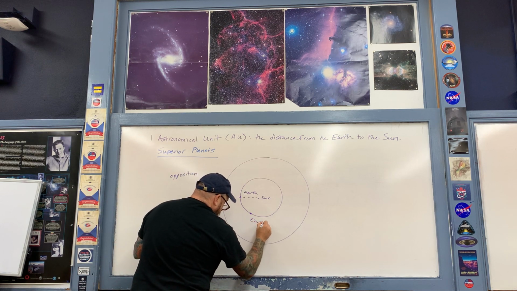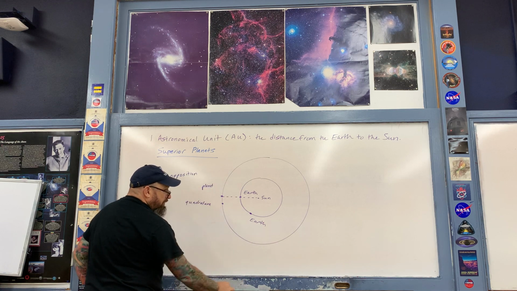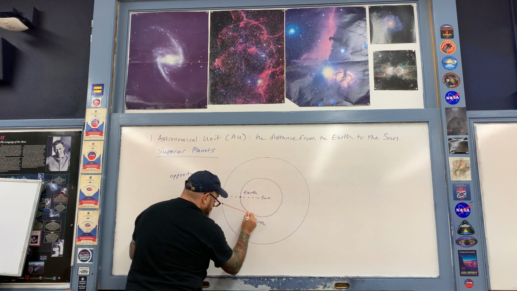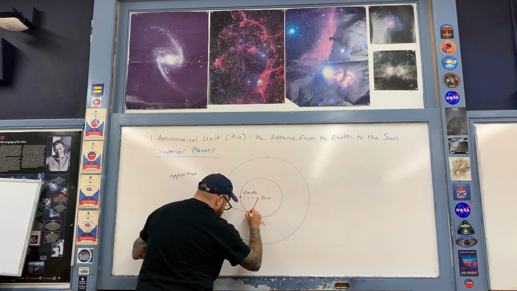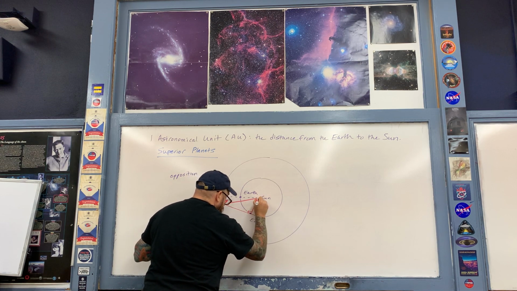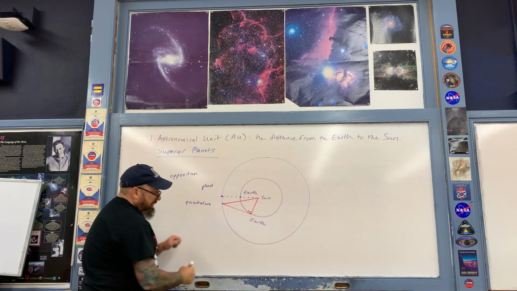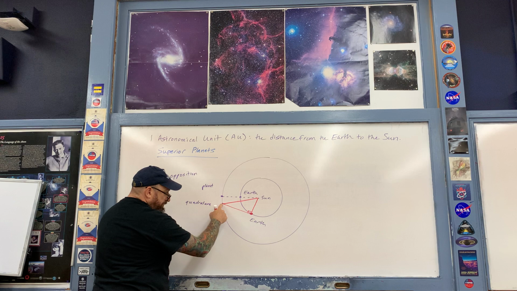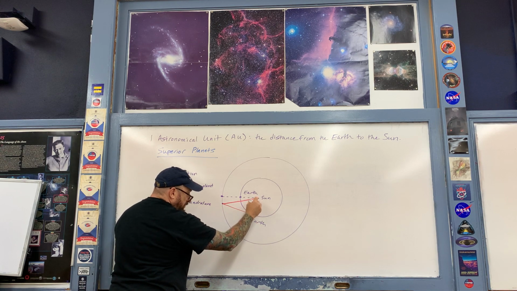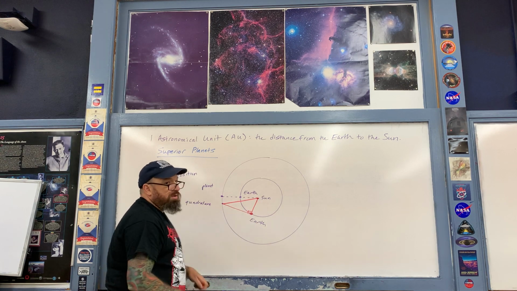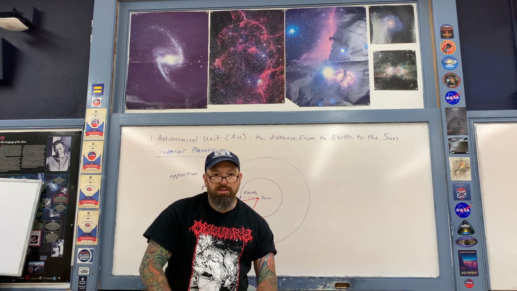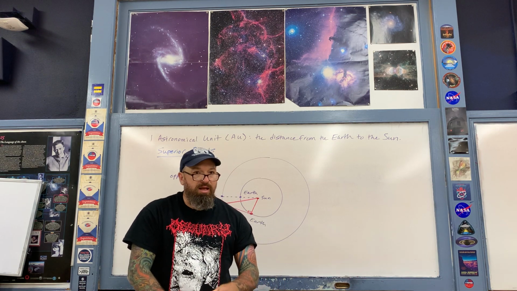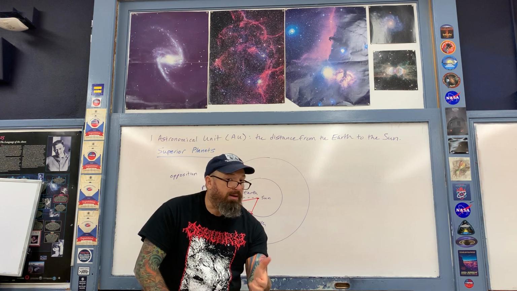Here's the Earth when that occurs, and we then form a right triangle on this diagram. A right angle is formed between the planet, the Earth, and the sun when the planet is at quadrature. Once again, I described this in my screencast called Important Planetary Configurations. Then you stop your clock when that happens.